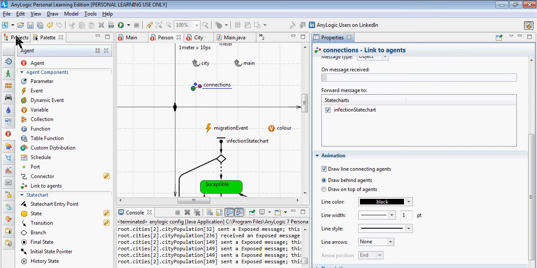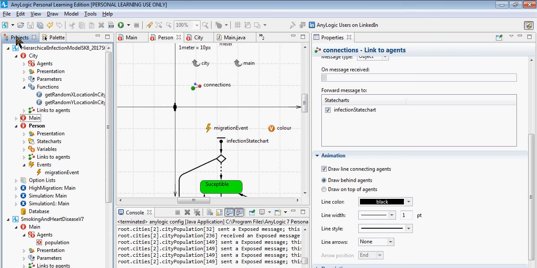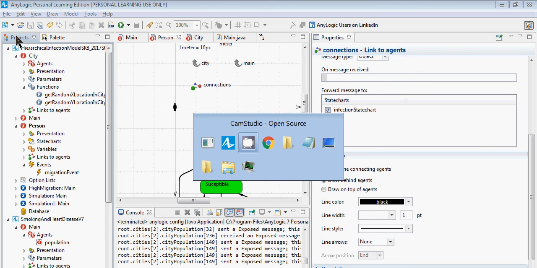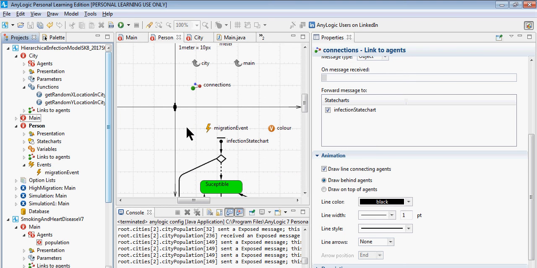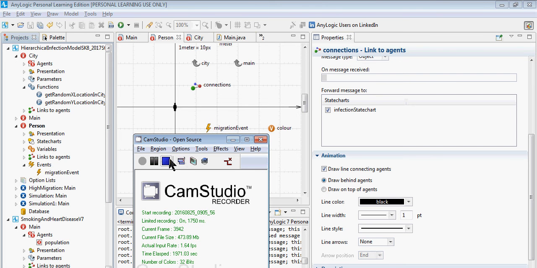Now, you could simply go to animation, say draw a line connecting agents, and it's easier than it used to be. So that was nice. It turns out that by explicitly allowing us to pick to whom a given person is connected, it also can ease certain traditional troubles. And importantly, we can also choose to what state charts messages should go.